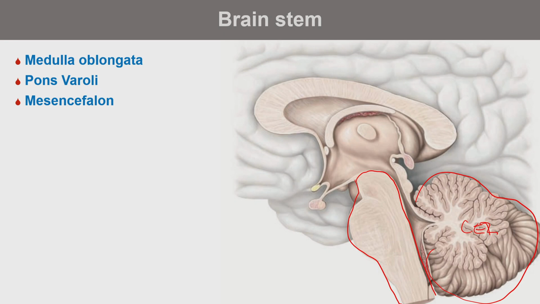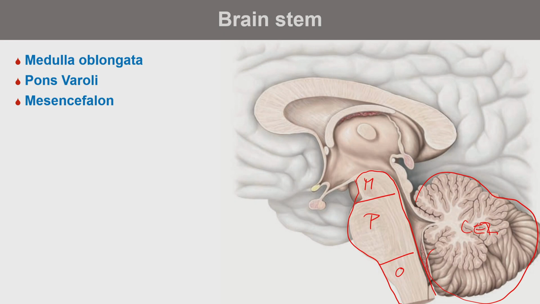But in the own sense of the word brainstem, it contains medulla oblongata, then pons Varoli, and the last one is mesencephalon.